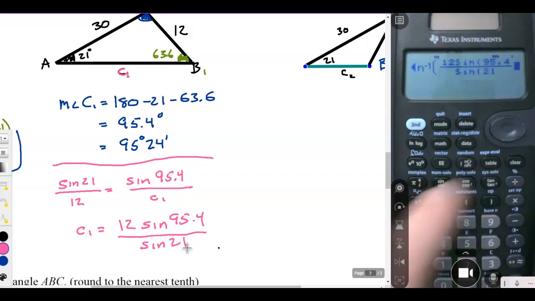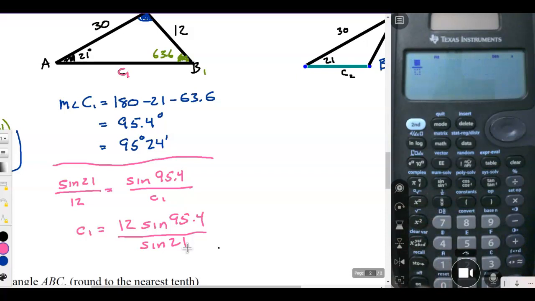That's better. Okay. 33.3. That's more reasonable. So approximately 33.3.